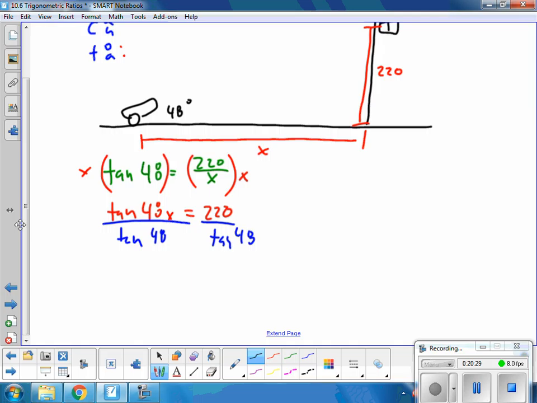And I can see that my x is going to be 220 over the tangent of 48. I'm going to set my calculator so it's in the degree mode, and I'm going to type in 220 divided by, hit the tangent button, and type in 48 and hit equals, and I need to be 198 feet away for this cat to safely arrive home.